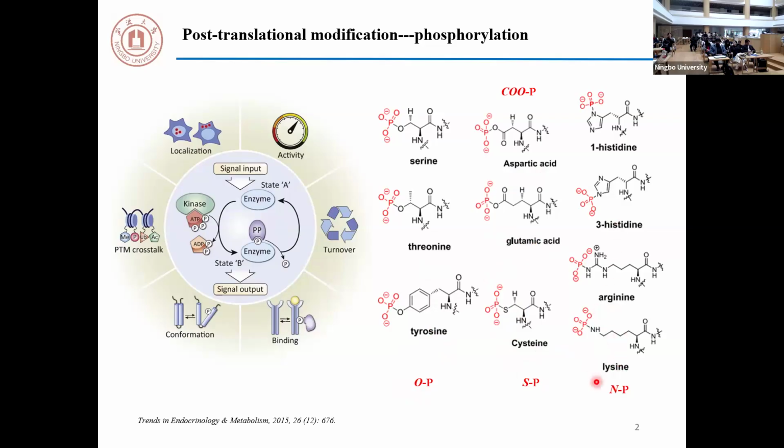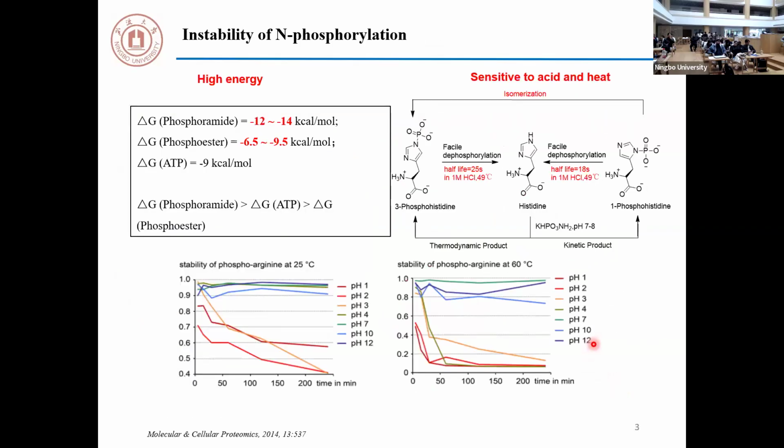Because the phosphorylation occurs on the side chain at the nitrogen atom, it is also referred to as nitrogen phosphorylation. Nitrogen phosphorylation was found about 60 years ago. However, its instability hinders its study.